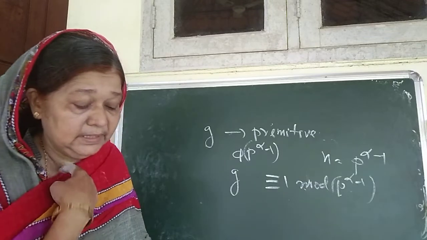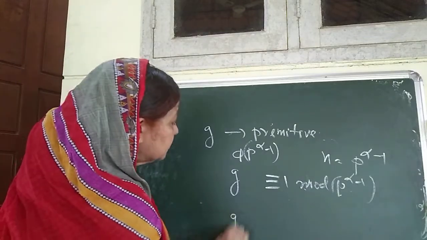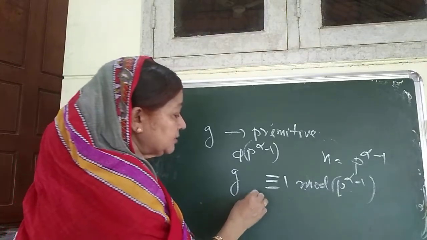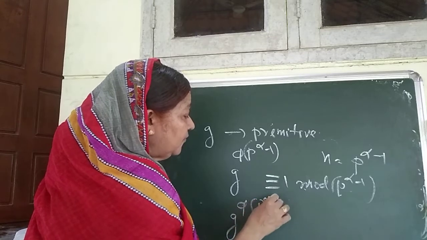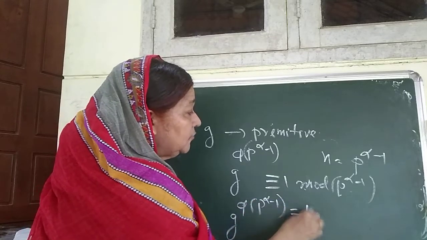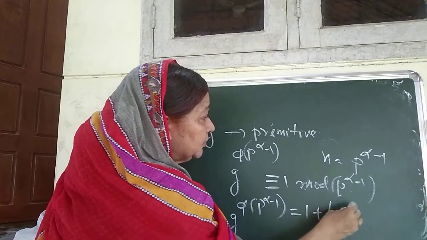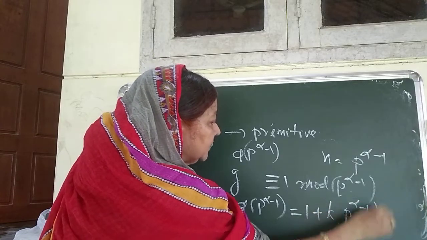Then g raised to phi of p raised to alpha minus 1 is equal to 1 plus k into p raised to alpha minus 1.